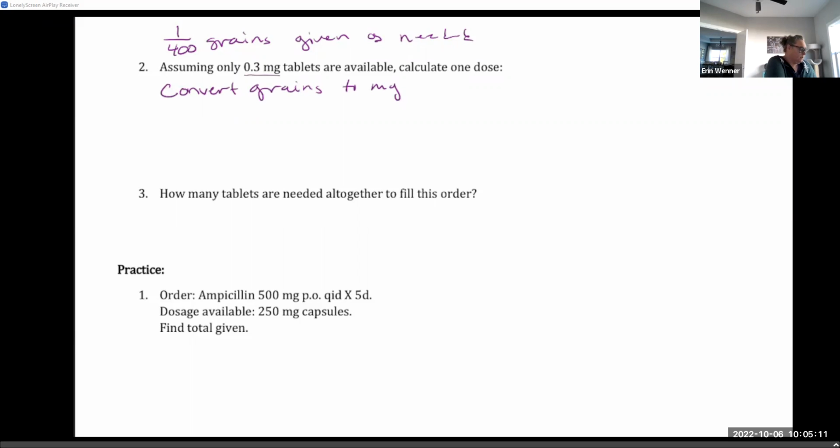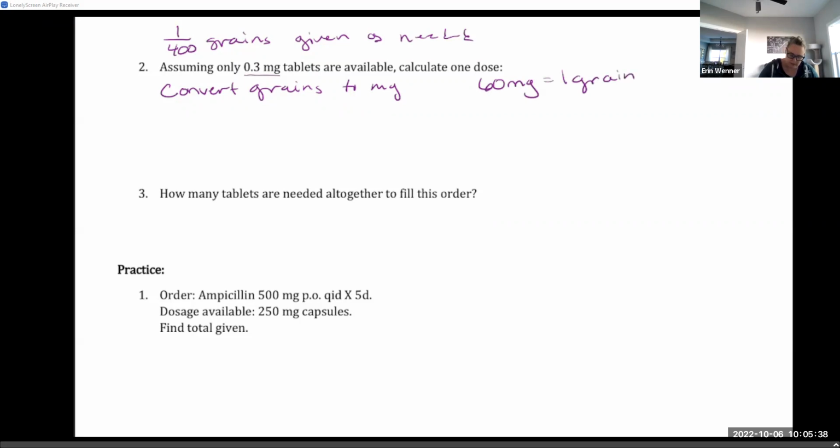And if we look back at our notes from, let's see, what is it, 3.7, it tells us that 60 milligrams is equal to 1 grain.